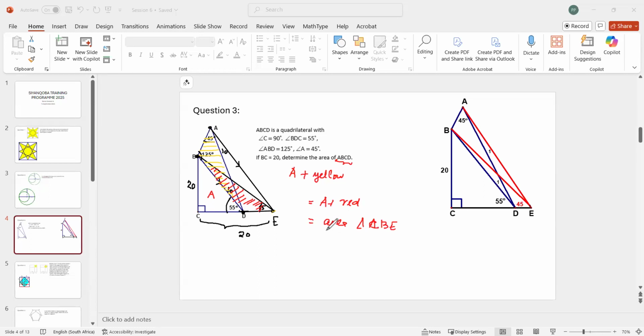But we know this CBE by construction: the area of that is a right angle isosceles triangle, half 20 times 20. Because this is the area of the triangle which we created right in the beginning, and that's 200.